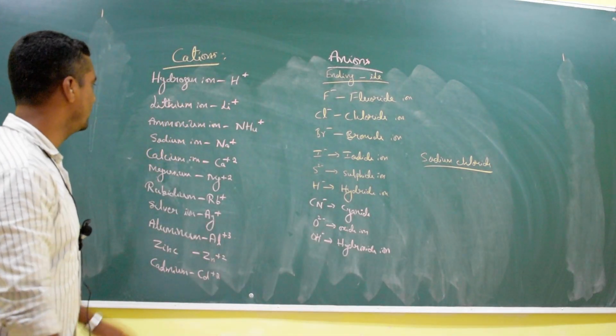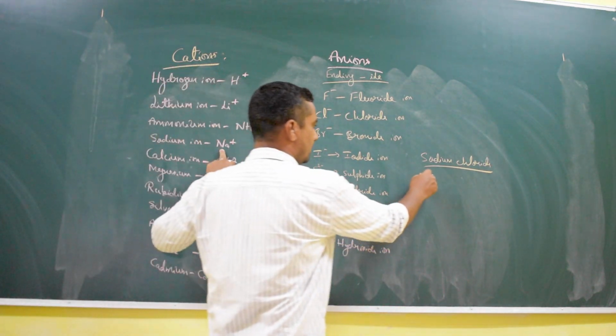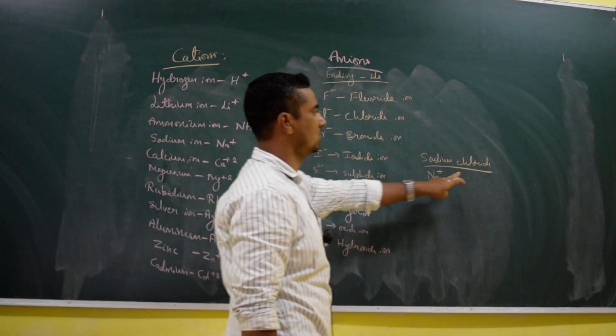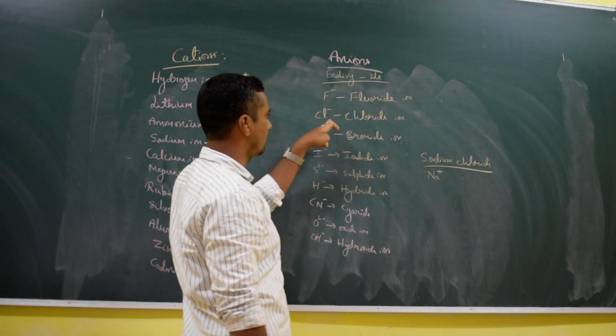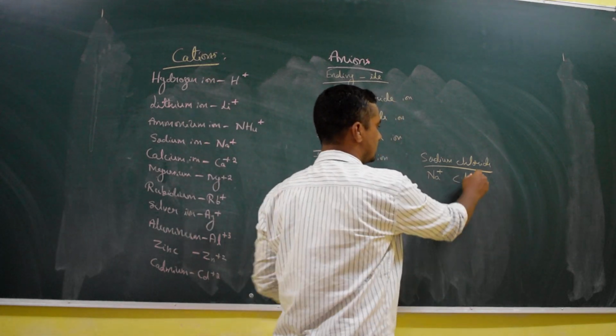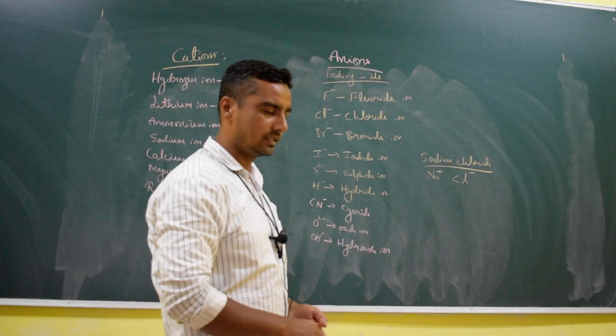Sodium ion is Na plus, and chloride is Cl minus. Just write it like that.